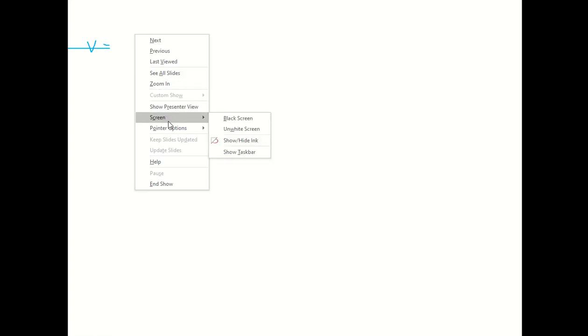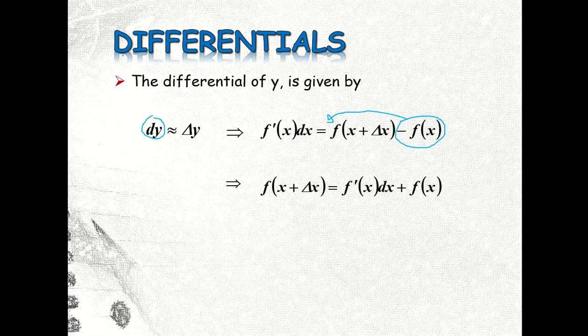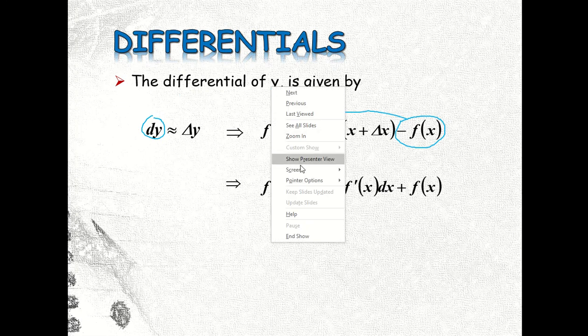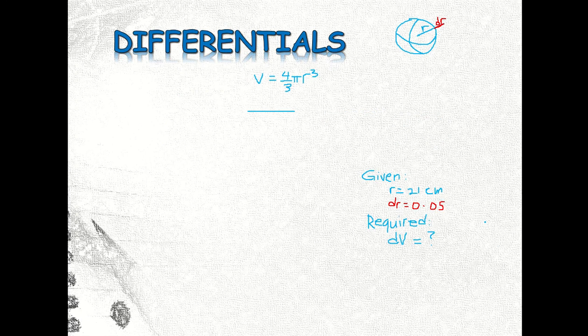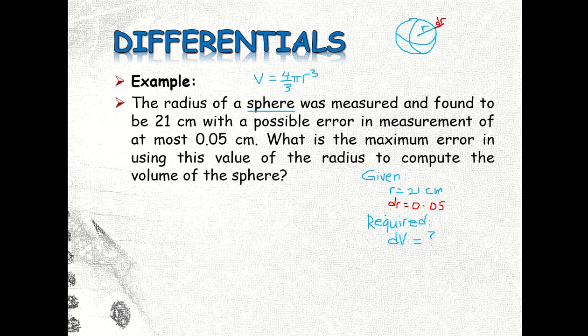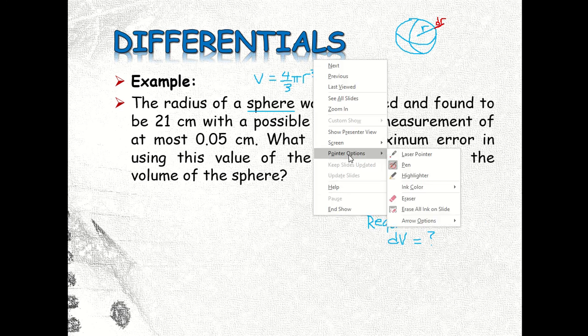So we have volume equal to 4 over 3 times pi times r cubed.